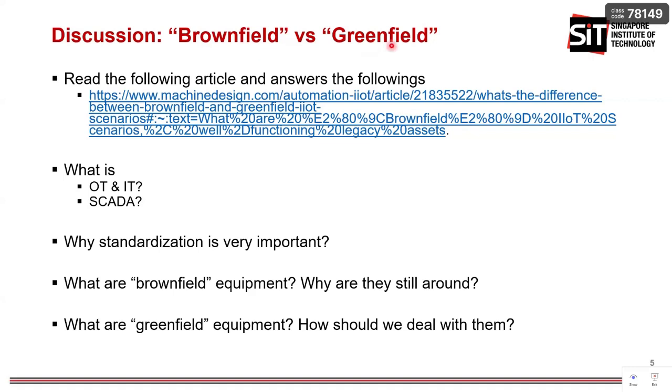And greenfield refers to an area where you are developing new equipment, and here you are not constrained by any backlog. Therefore, for greenfield, you have the luxury to select and choose the kind of standards and specifications.